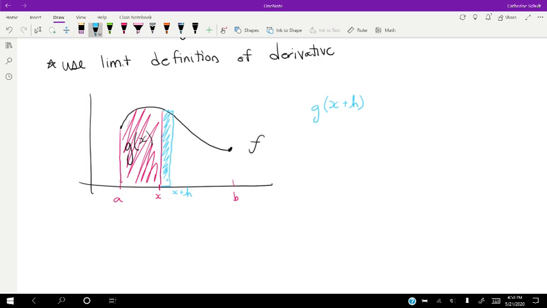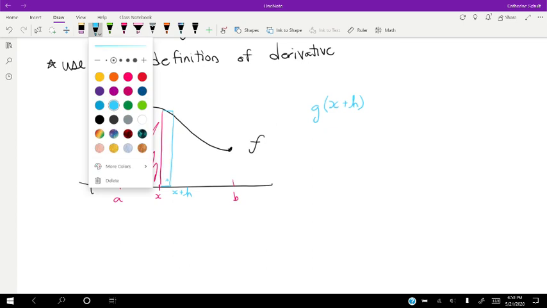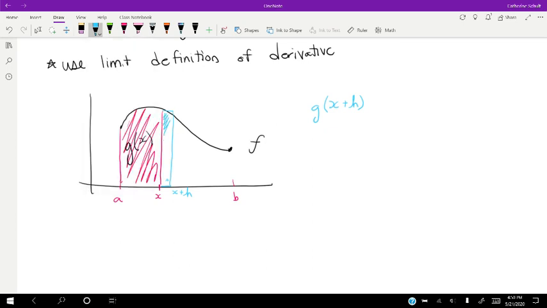And then, hold on, I want to draw that shaded region a little bit better. Let me see if I can do that. Okay, so we have this rectangle, and we're going to first consider this part right here, the area under the curve. We'll talk about the rectangle later. Okay, so to figure that out, we're going to look at g of x plus h, so the area of this whole thing, and then we're going to subtract the pink. And that's going to leave us with the blue. So it's going to be g of x plus h minus g of x.